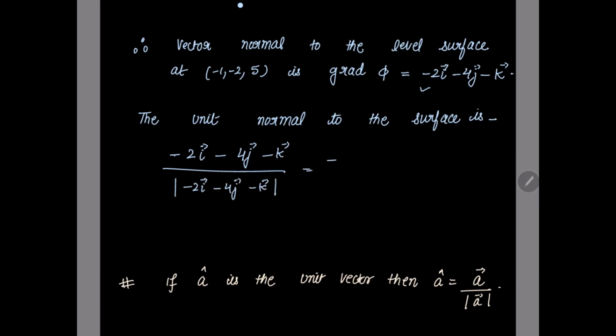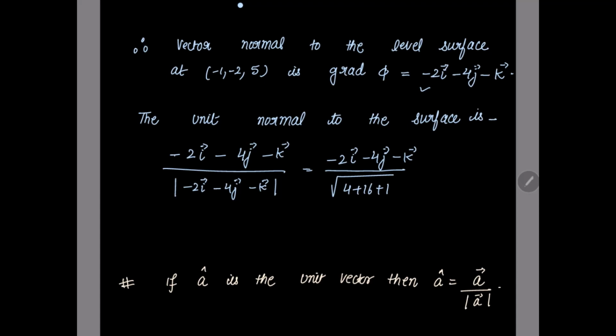Which is equal to -2i -4j -k over the mod of this, which is root of 4 plus 16 plus 1.